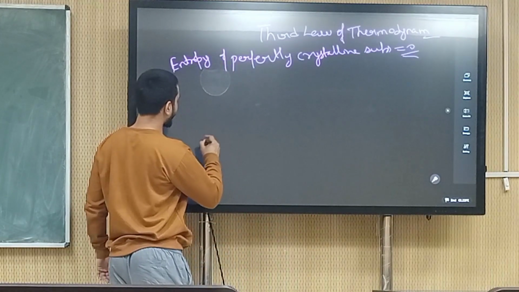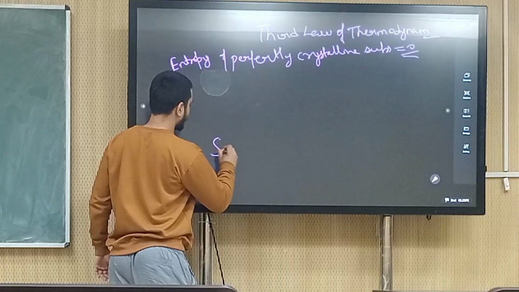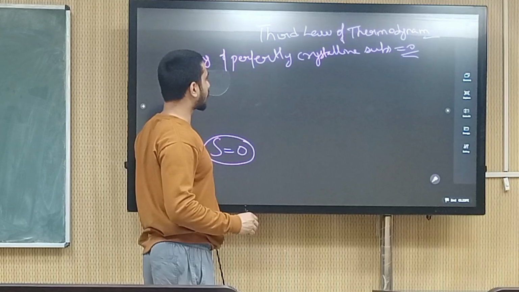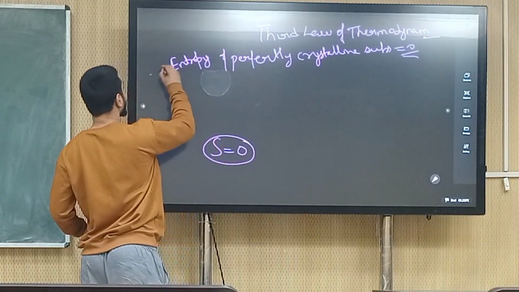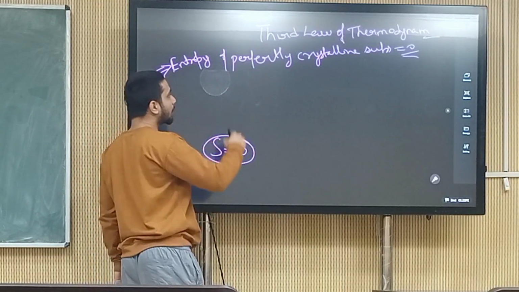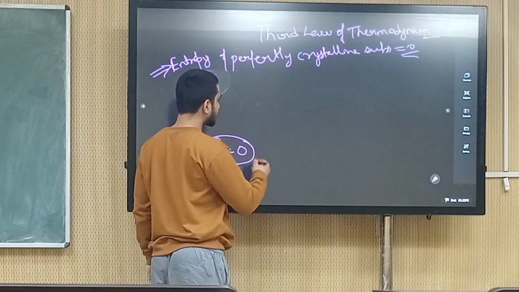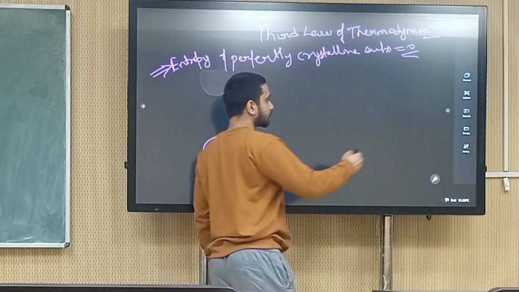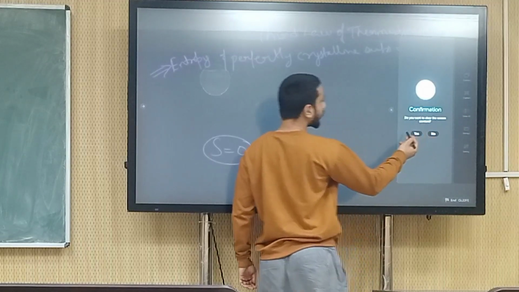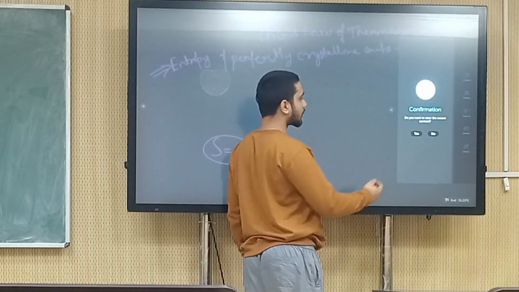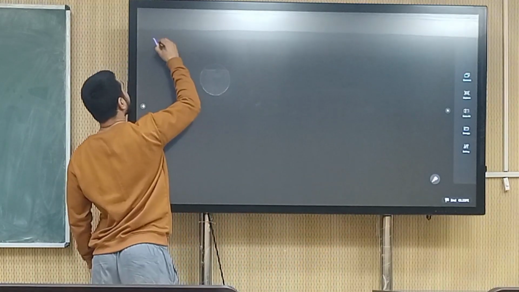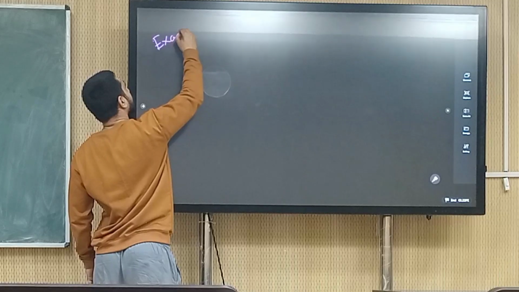So from the third law of thermodynamics, zero entropy is also defined: S equals 0 is defined from the third law. This is the standard defined from the third law of thermodynamics, that the entropy of a perfectly crystalline substance is 0. So this was the third law of thermodynamics. It states that the entropy is 0 for a perfectly crystalline substance.